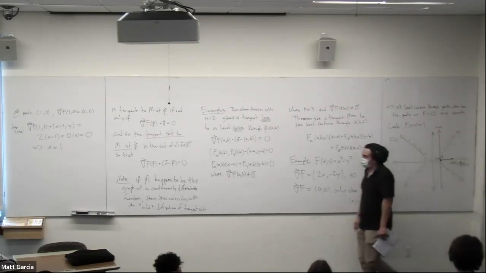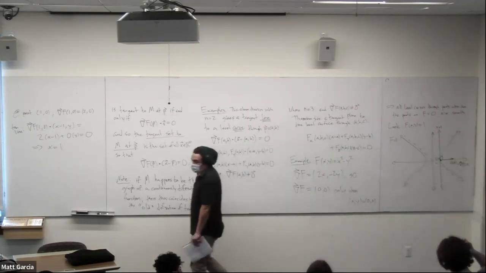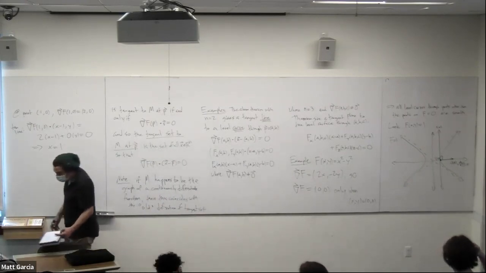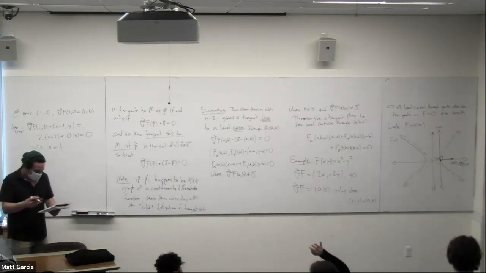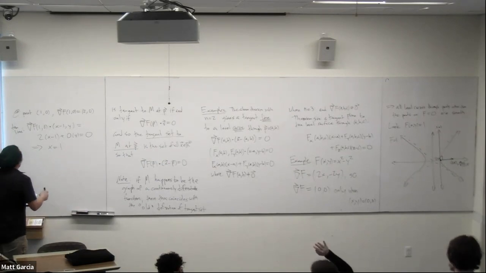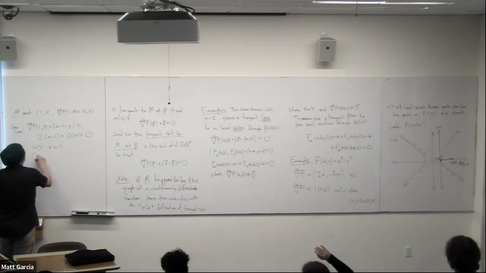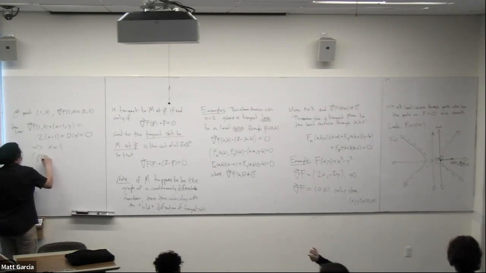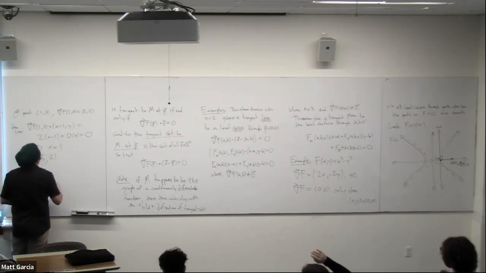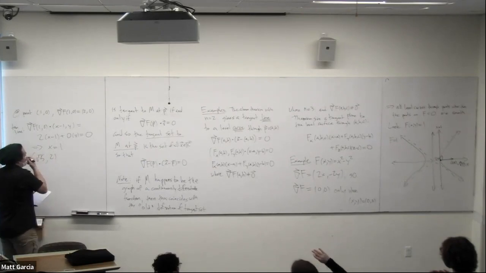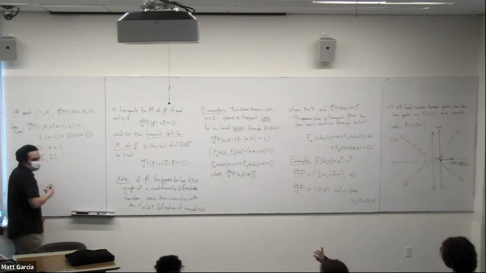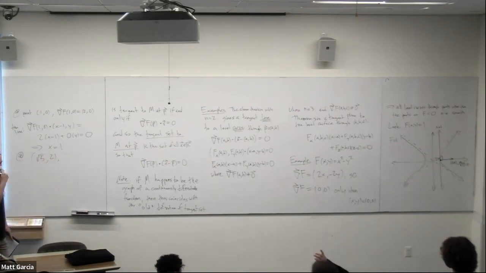All right, why don't I pick some other point that this level set passes through? For example, we're going to take (root 5, 2), and verify that this, in fact, is on the level set.